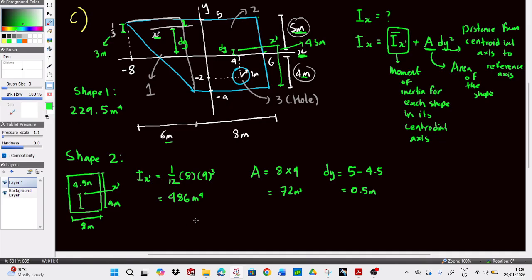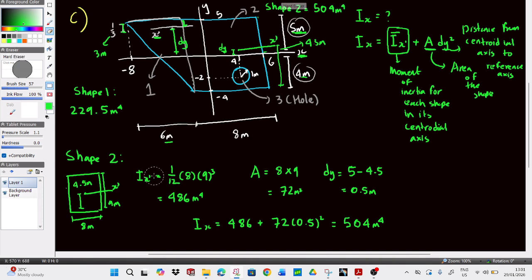Therefore your moment of inertia for shape 2 is Ix equals 486 plus 72 times 0.5 squared, which is 504 meters to the power of 4. So for shape 2, we already found the moment of inertia, 504 meters to the power of 4. That's shape 2, already done.